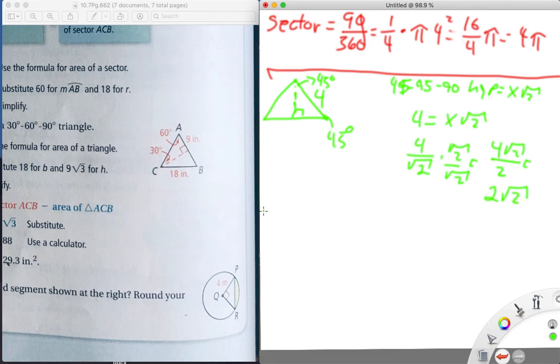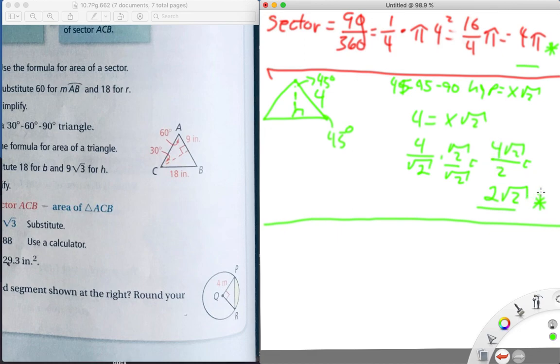So we have 4 pi for the area of our sector. We have 2 times the square root of 2 for our area of the triangle. Actually, no, I take that back.